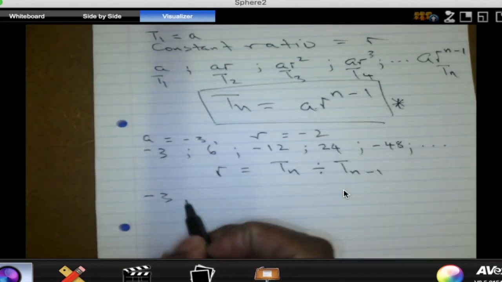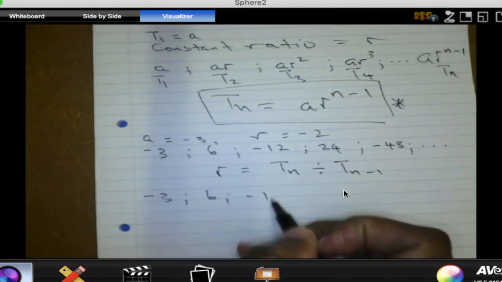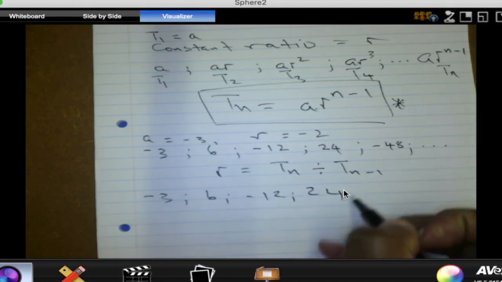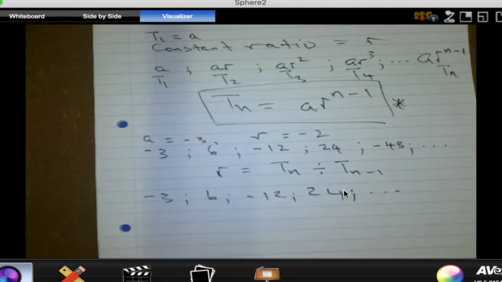So given minus 3, 6, minus 12, 24, and so on, we want to work out the general term. Right, so first of all, you will check whether this is a linear pattern or not.